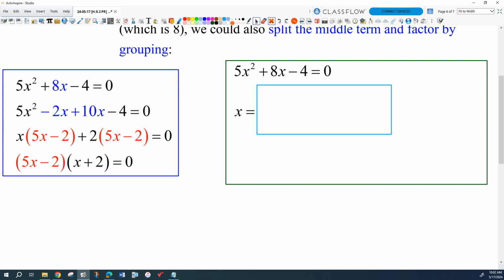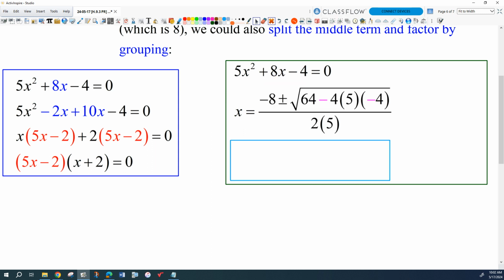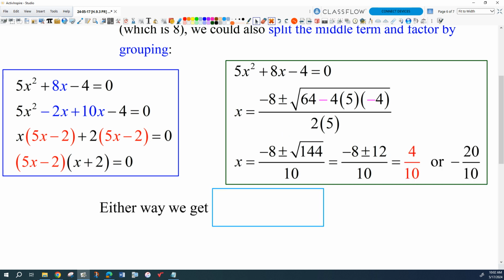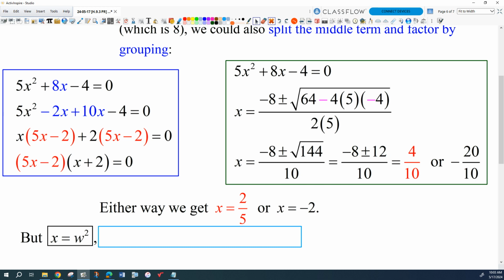Okay, good. If we use the quadratic formula, of course, that's always going to work, right? To me, it just seems like a little more work. You've got a lot of computation to do there. But either way, we get the answers, there's our 2/5 or negative 2. Either way you go, you get those solutions, right?